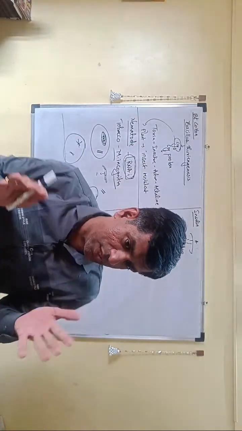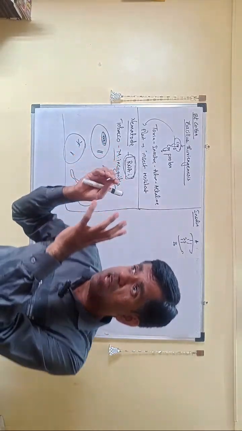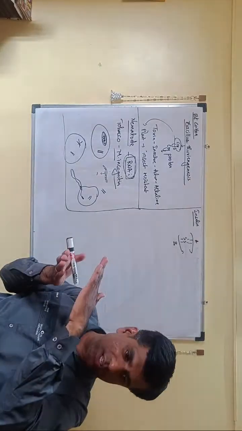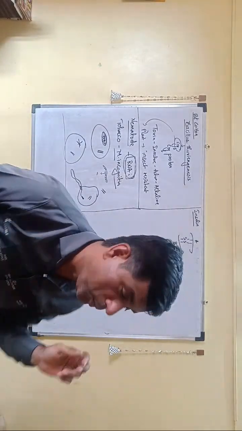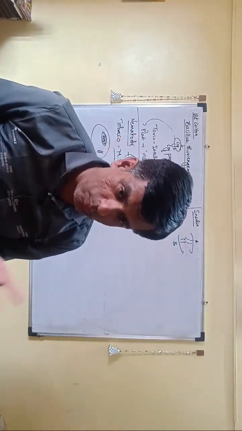So processing takes place. You have a proinsulin which is inactive, and this is processed: the C peptide is removed, you join the A and B, and then you get active insulin. Now the problem was how will you get this active insulin in a bacterial cell?